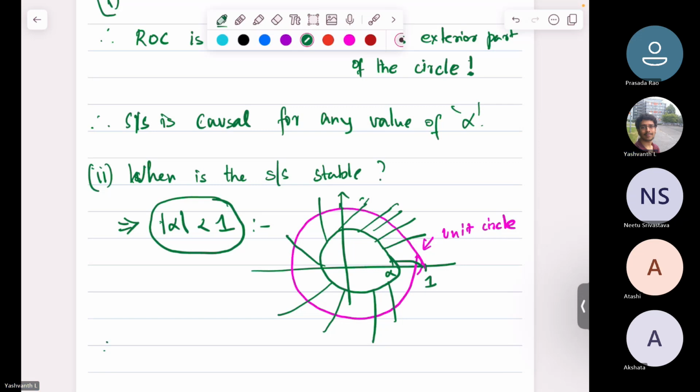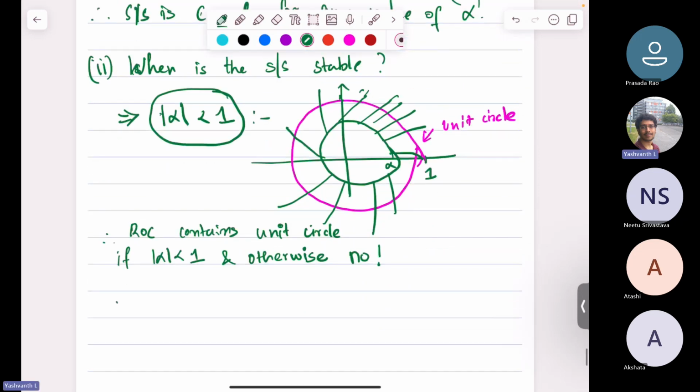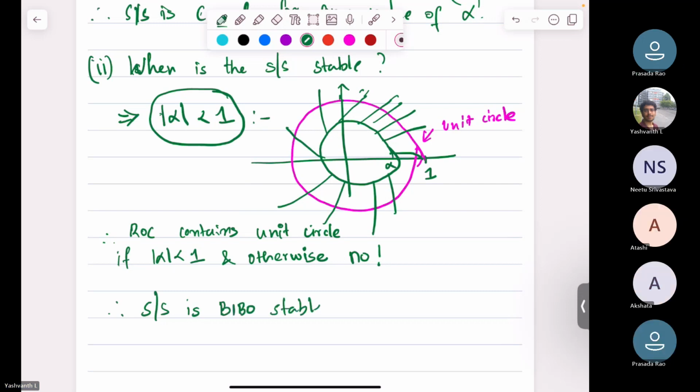Therefore, the ROC contains the unit circle if mod alpha is less than 1, and otherwise it will not contain the unit circle. Therefore, the system is BIBO stable if mod alpha is less than 1.